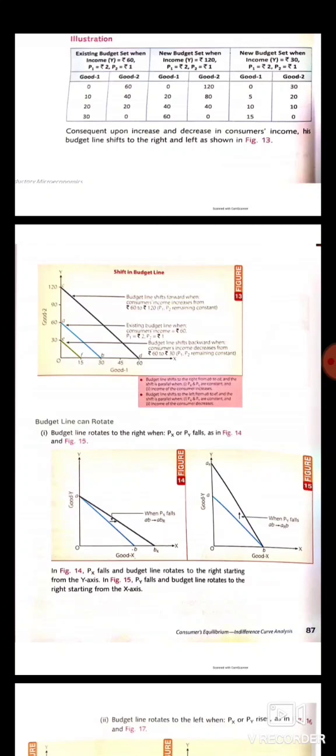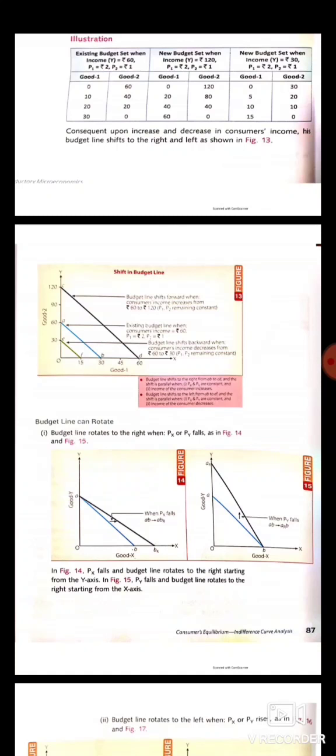Here in this figure, 3 budget lines are given. Initially, suppose the income of the consumer is rupees 60. With that income, he can purchase any combination of commodity on the AB line.